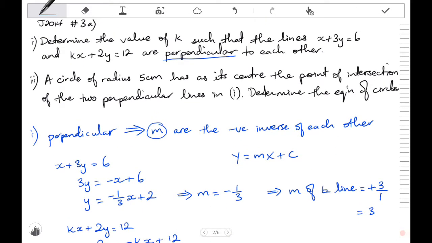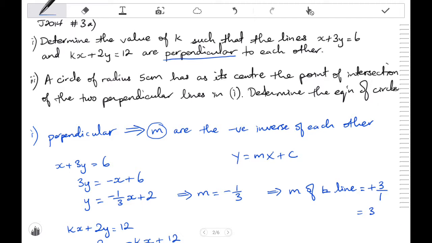Now I'm not going to do the entire part 2, but it says a circle of radius 5 centimeters has at its center the point of intersection of the two perpendicular lines in 1. Determine the equation of the circle. The reason I left this question here is that you cannot do the equation of a circle as yet, because I did not teach that as yet.